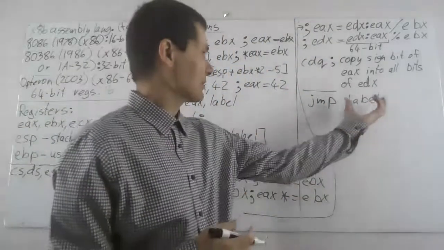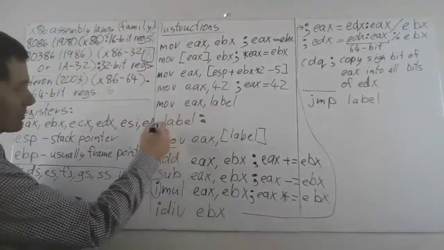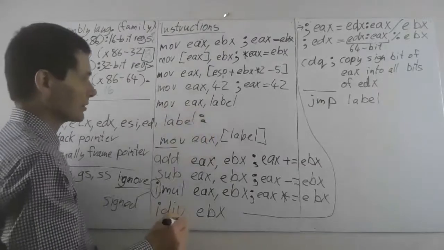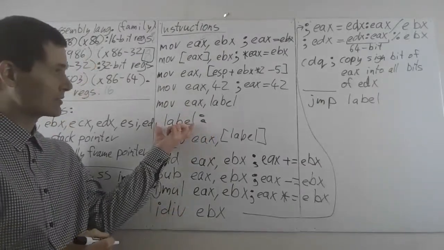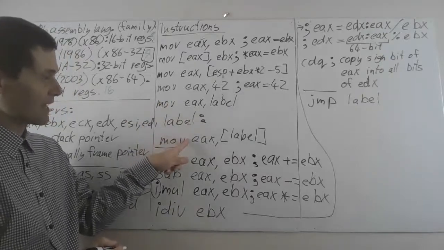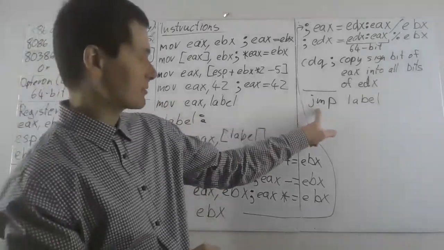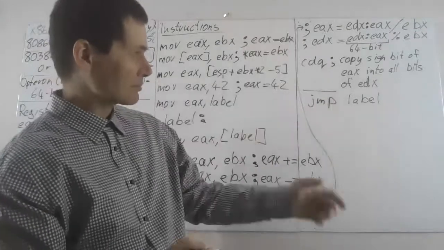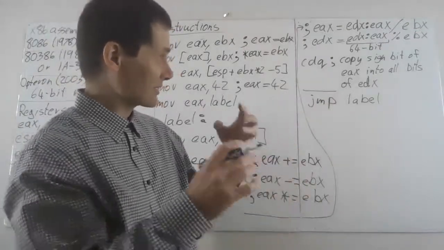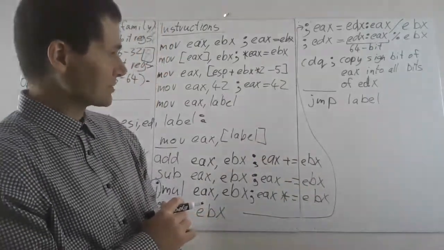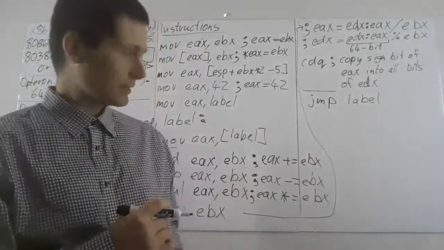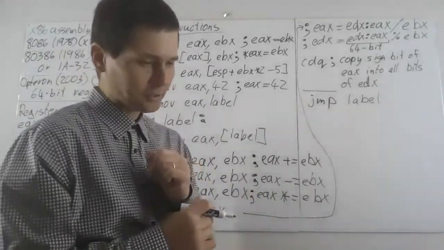I talked about labels last time: somewhere else in your program, you say label colon, and the assembler associates that label with the address of the instruction that comes after the label. Then you do jump label, and that address will get loaded into the program counter, which is called the instruction pointer in x86, and execution will continue there. So that's like a goto instruction.